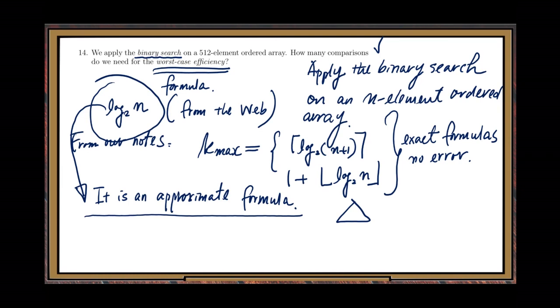Some students notice that, so they make it an integer, but they do it in this way. One is the floor function of log base 2 of n. Another is the ceiling function of log base 2 of n.